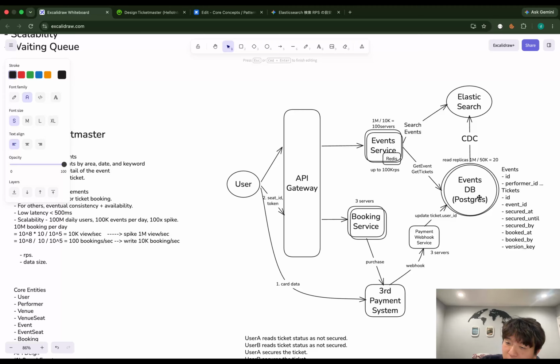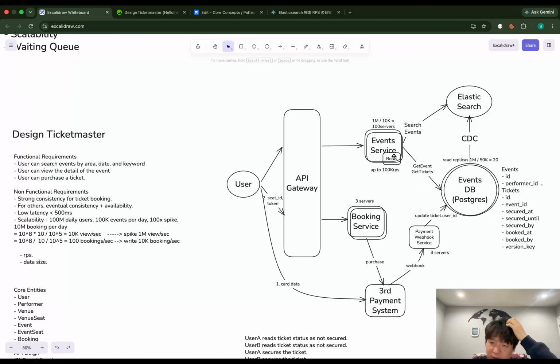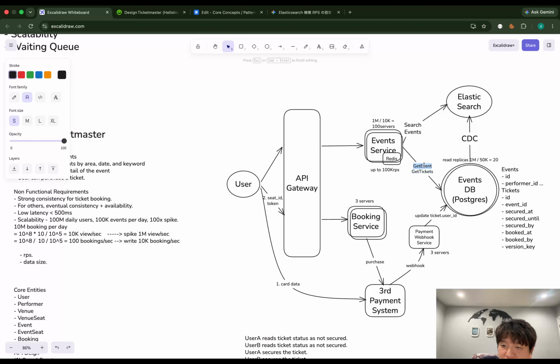And obviously, because write requests come into the EventDB, maybe what I can do is cache the result of the event here in Redis. For event, this is best suited for caching because event data is always the same.